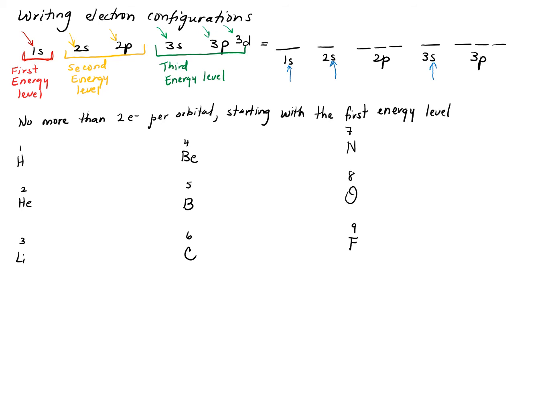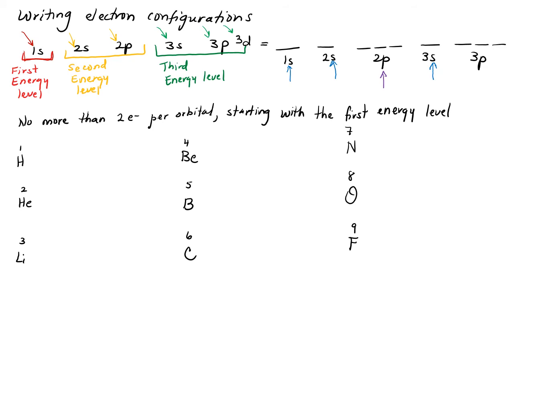When we're looking at the p orbitals, we always have three of them. So for your p orbitals, we have three lines on the second energy level because we don't have p orbitals on the first energy level. We start having p orbitals on the second energy level.